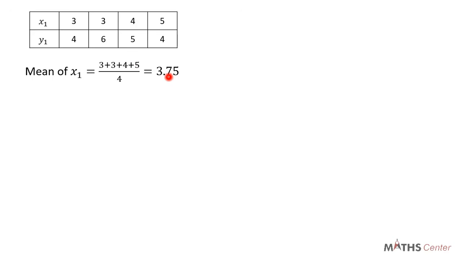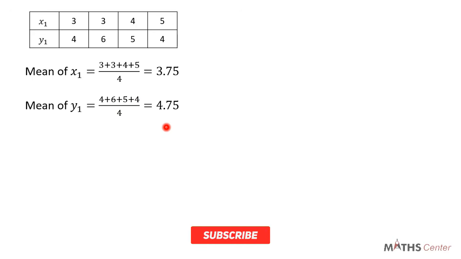And that gives us 3.75. The mean of y1, that's y1 mean, will be, we add all the y1 values together, we divide it by their number. So 4 plus 6 plus 5 plus 4 divided by 4. And that gives us 4.75. So x1 mean, y1 mean is 3.75, 4.75.